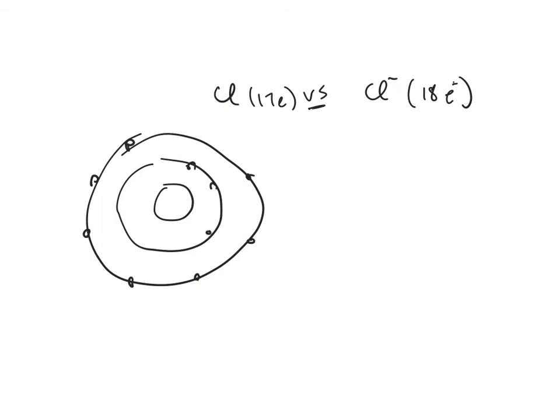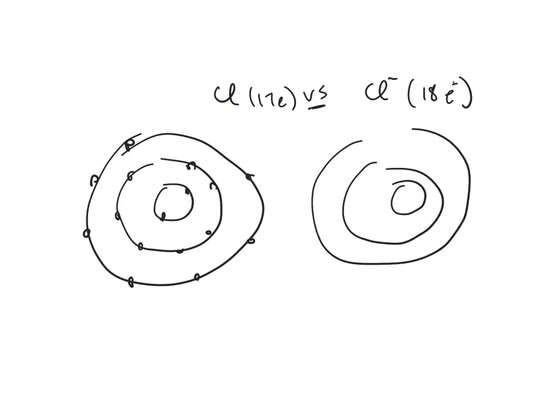That's chlorine. Chloride has an extra electron. I'm going fast now. 2, 8, 10, and 1, 2, 3, 4, 5, 6, 7, 8.